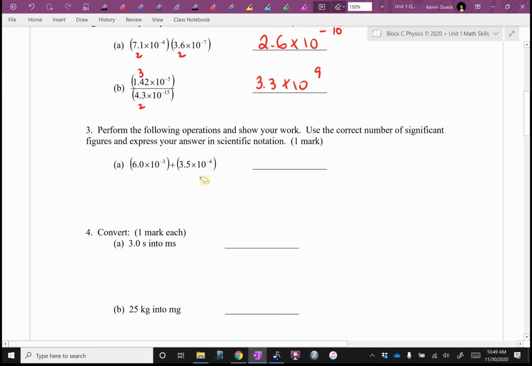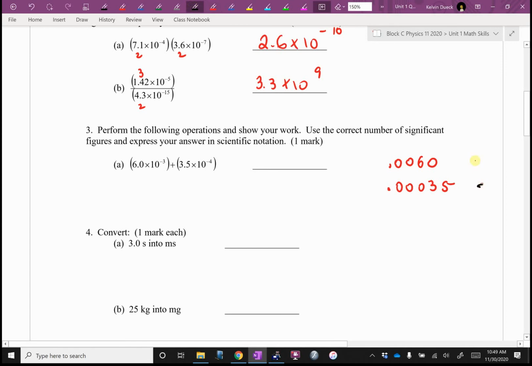Ooh, Mr. Dewick, this one's a bit trickier. I have to write this out. So 0.0060. I've got to put that second 0 in since they included it in the original number. And 0.00035.